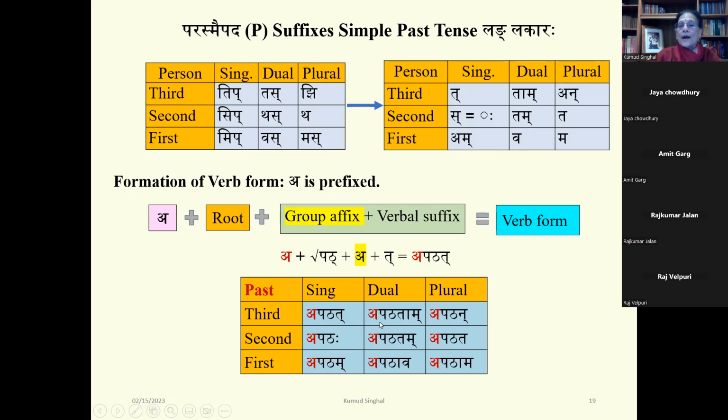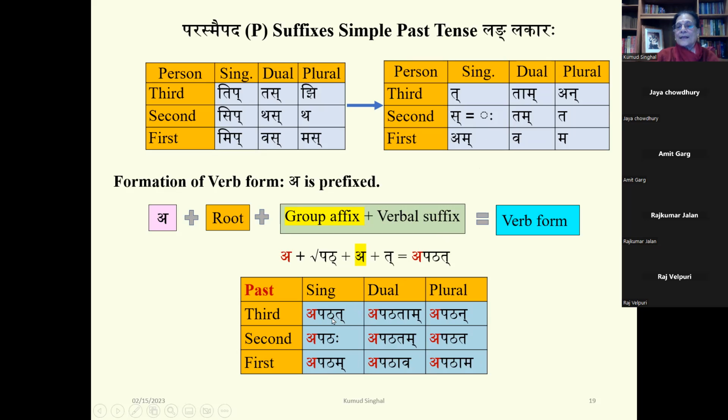Then tam, a pathatam. A pathan, and then with s becoming a visarga, a pathah, a pathatam, a pathat, a patham. Here it doesn't get elongated, but in these two cases it will be a pathava, a pathama.